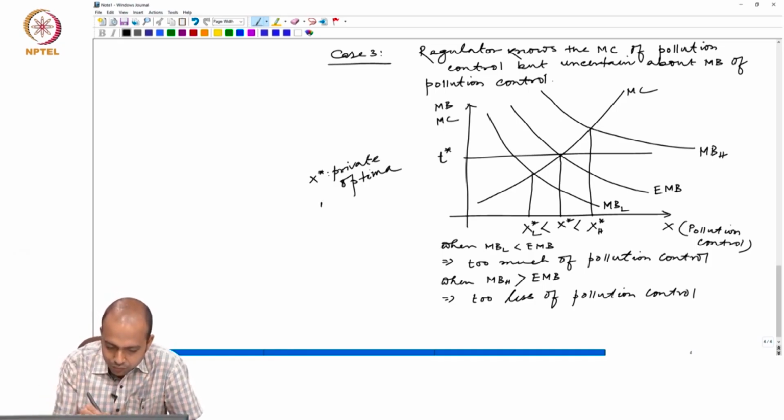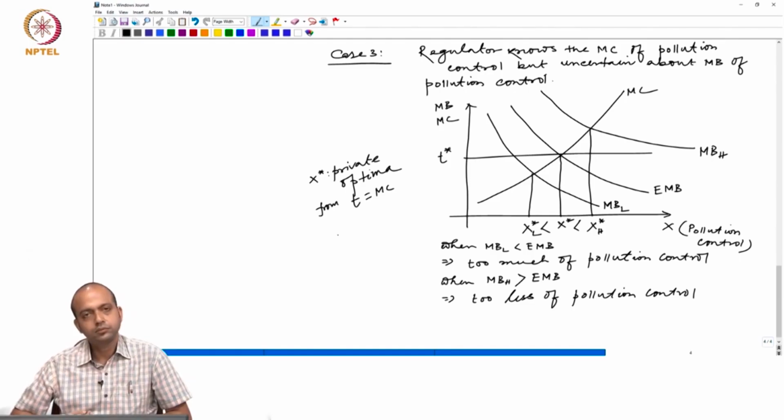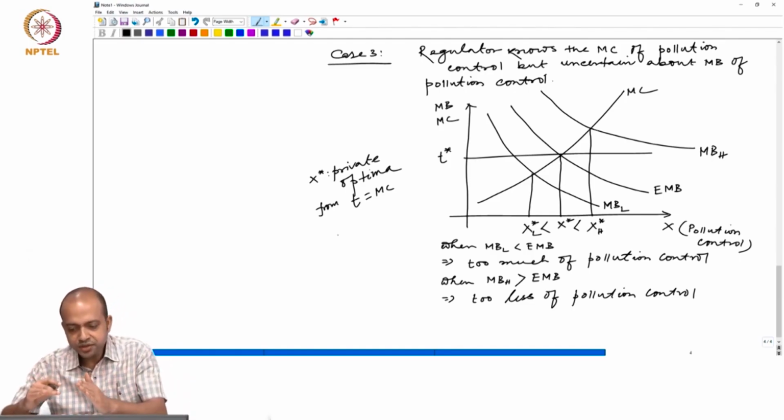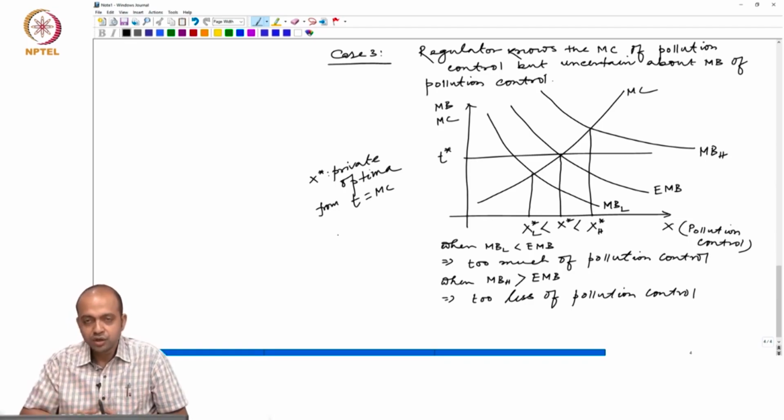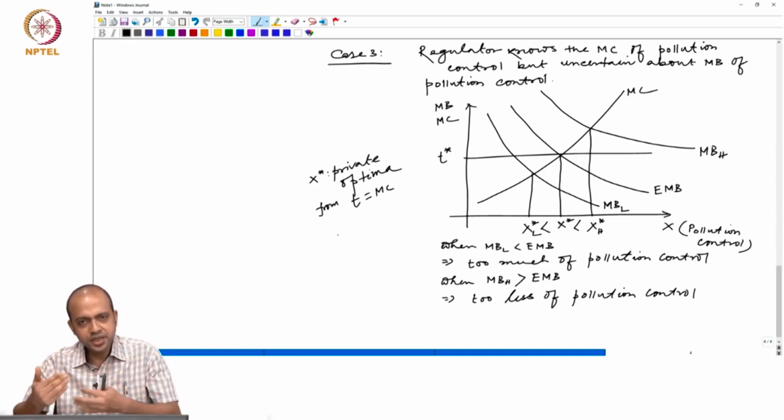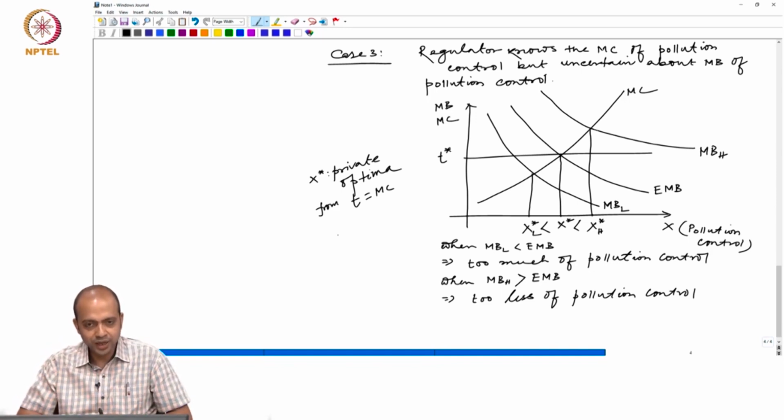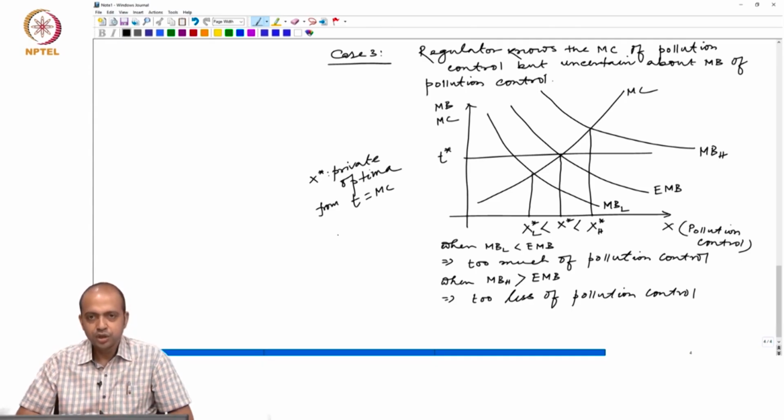How is it decided? From T equals MC. Right. So, this is just the opposite of what we did earlier when MC is downward sloping. You can compare these cases. These cases are very simple, and logically you can analyze all of them step by step. First, you draw your MB and MC depending on which is known and which is unknown. Next you decide about the optimum tax rate.